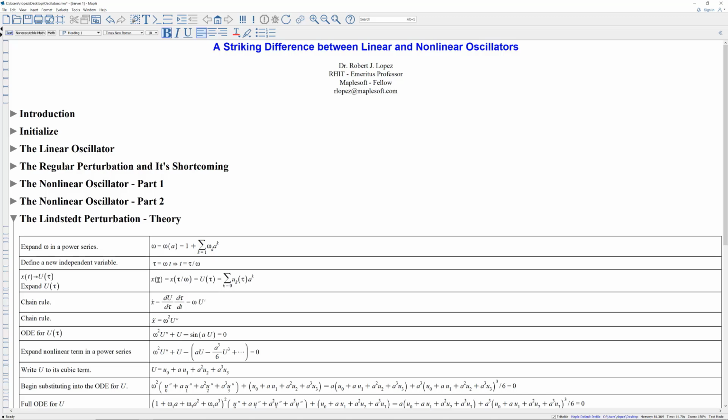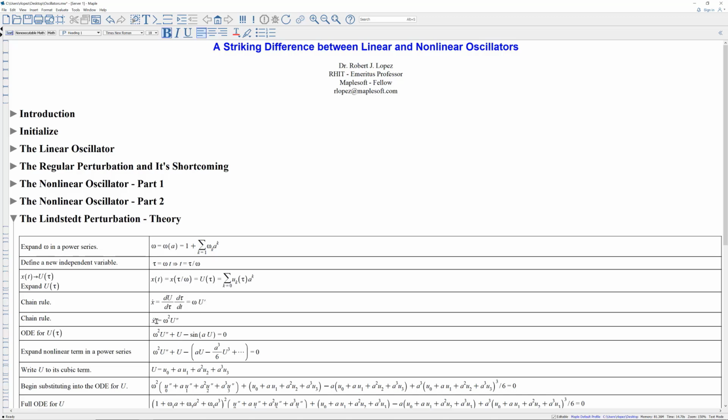Okay, so here's x of t becomes x of tau over omega, and we call that u of tau. And the expansion is in powers of a with coefficients functions of tau. You will need a chain rule here because we're changing variables in a differential equation. So dx dt is du d tau dt, and d tau dt is omega, and the u d tau I will call u prime.